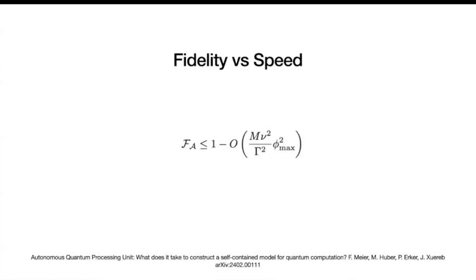Nu is the frequency squared of how fast we want these gates to be applied. Gamma again is the rate of the tick mitigating process, and phi max is the maximum angle we want to move in this phase space. One can imagine all these logical gates, these quantum gates, as just rotations in the phase space, and this spans the maximum angle. So the further we want to go in the phase space, and the faster we want to go, the less fidelity we get.